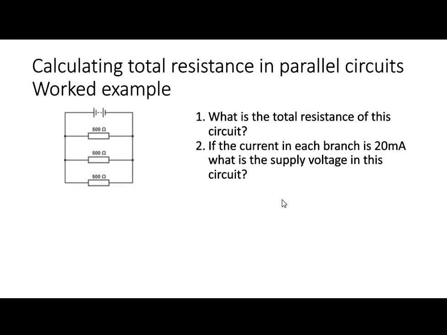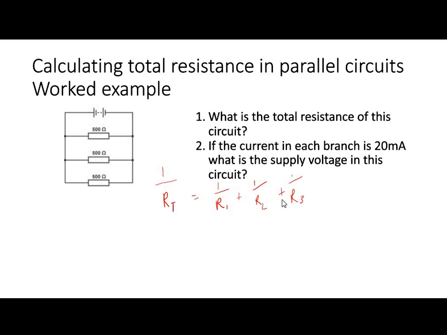Now we do something similar but fundamentally, very importantly different to work out total resistance. So instead of having RT, I have what we call the reciprocal of total resistance, 1 over RT. And what that means is I'm going to have 1 over resistance 1 plus 1 over, or the reciprocal of, resistor 2 plus the reciprocal of resistor 3, etc.